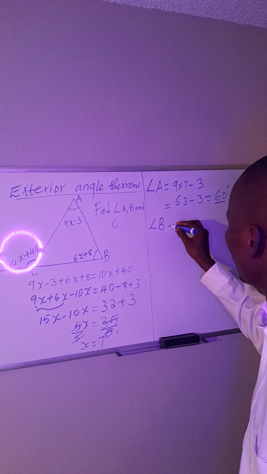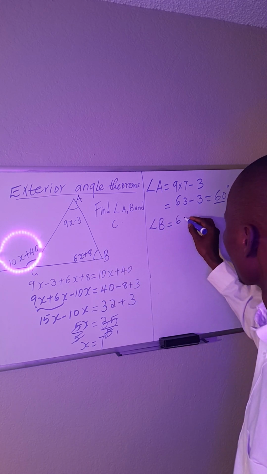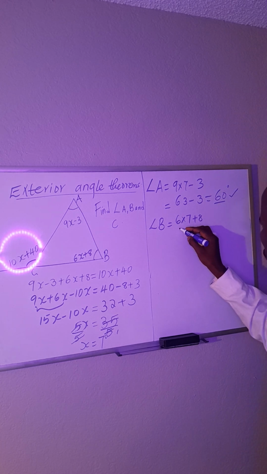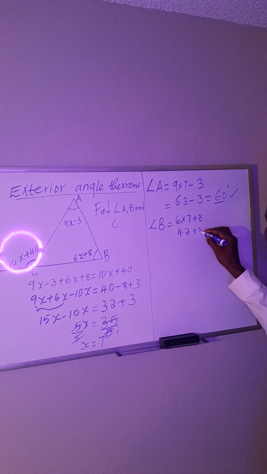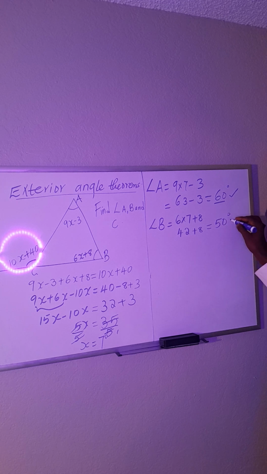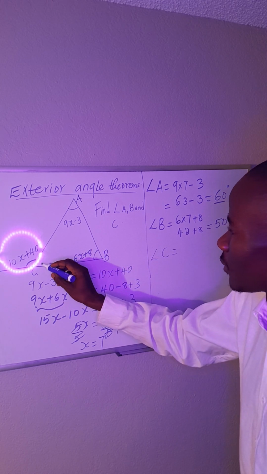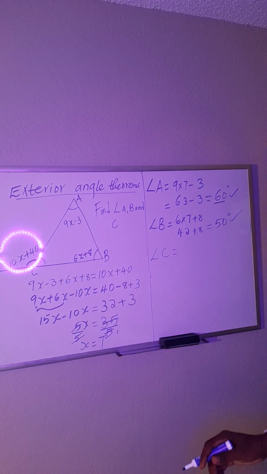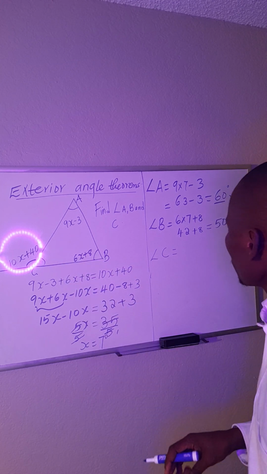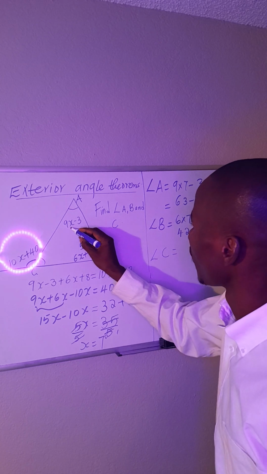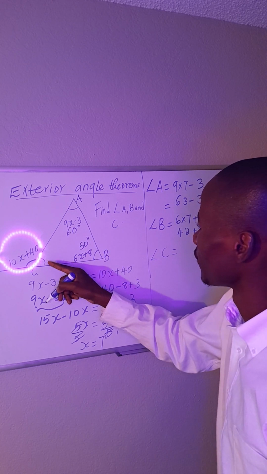Angle marked B. Angle marked B is equal to 6 times 7 plus 8. 6 times 7 is 42. 42 plus 8 is 50 degrees, correct? Then angle marked C, this one here. If this angle here is 50 degrees, this angle here is 60 degrees, I'm looking for this angle.